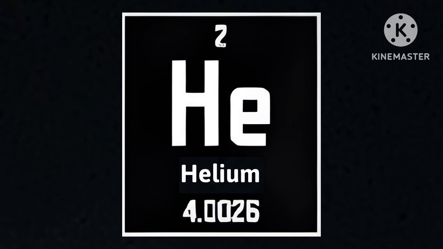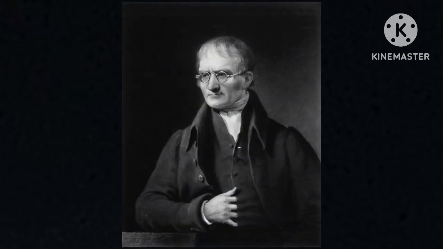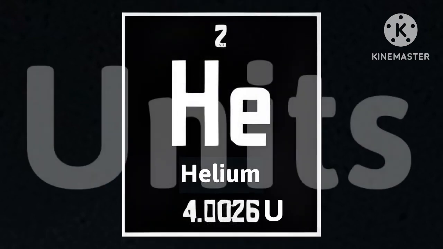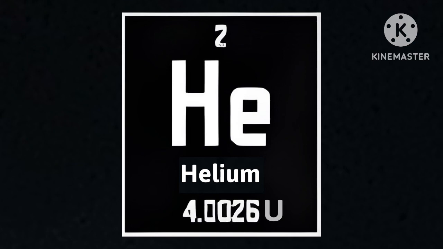And for helium, it is 4.002. And this mass is measured in either AMU, atomic mass units, Daltons, named after John Dalton, or just u units. So it's 4.002 Daltons, AMU, u.